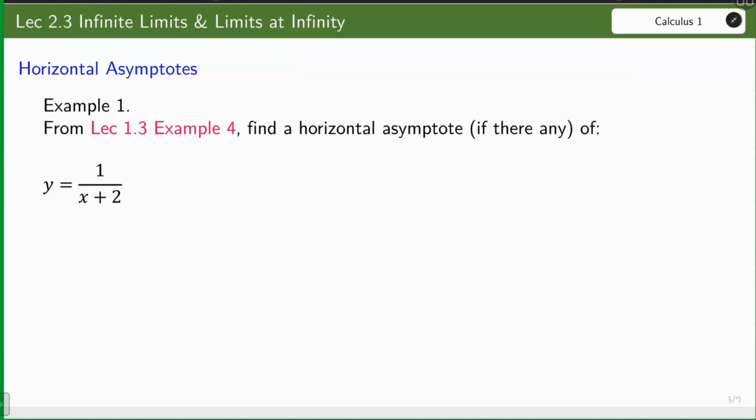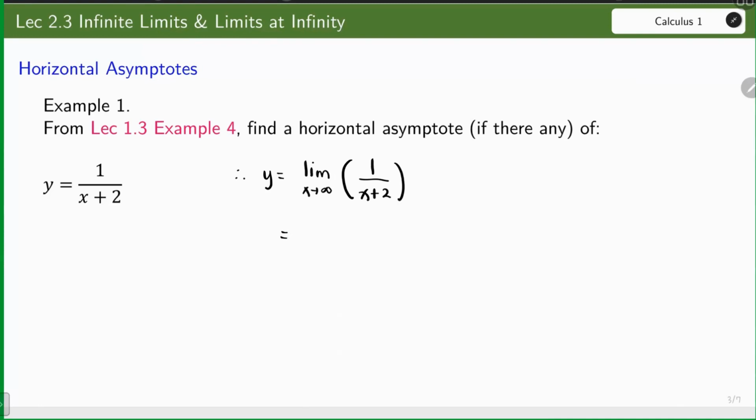Let us have the following example from lecture 1.3, example 4. Find a horizontal asymptote, if there are any, of this. Okay, this one, we have y equal to the limit of the quantity 1 over x plus 2 as x approaches infinity.